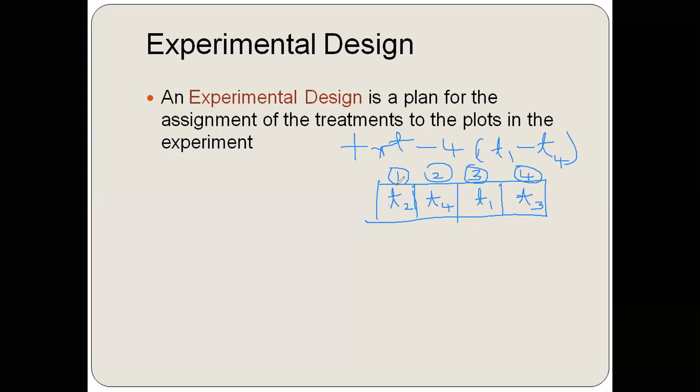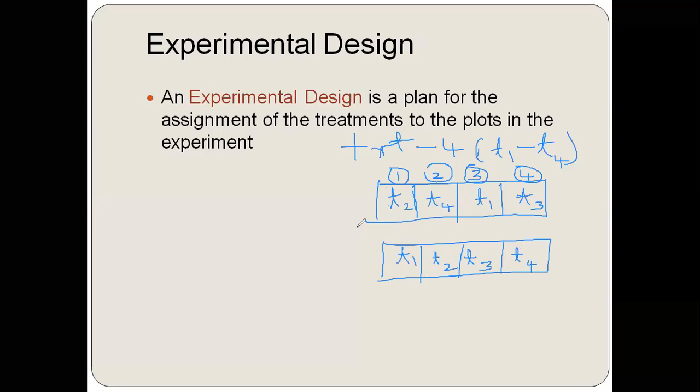Why? Because if you look at this, for example, this is T1. We are allocating T2 to the second experimental unit, T3 to the third experimental unit, and T4 to the fourth experimental unit.